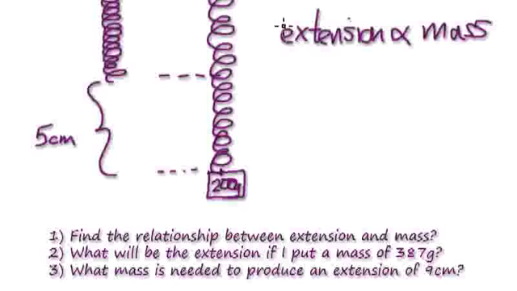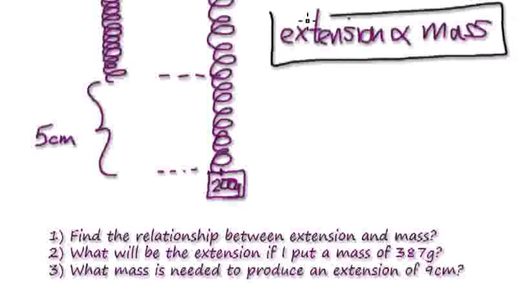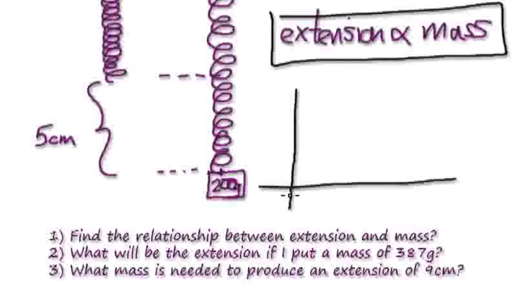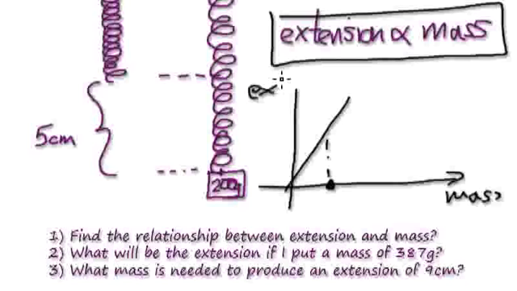Okay, because you're told that extension is directly proportional to mass, you can pretty much draw the graph like this. It's going to be a straight line. When you put 200 on here, let's say 200 is here, this will be mass and this will be extension.